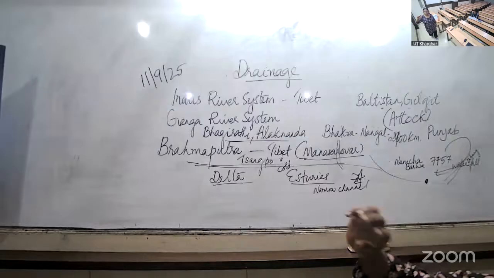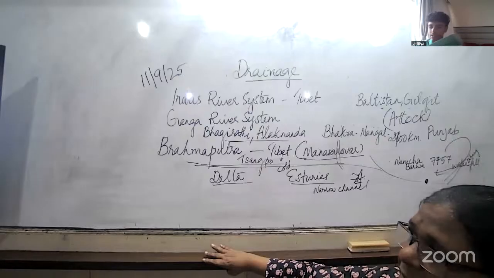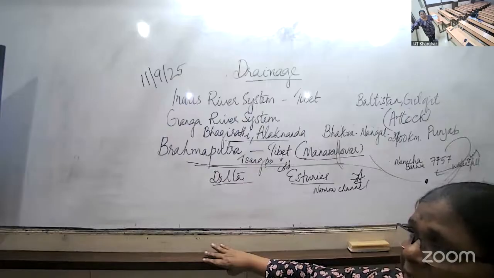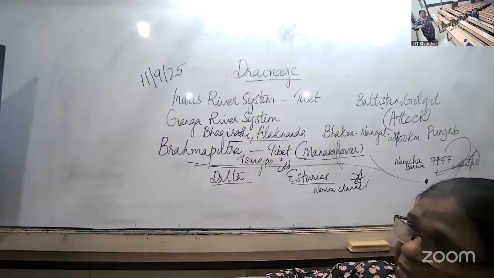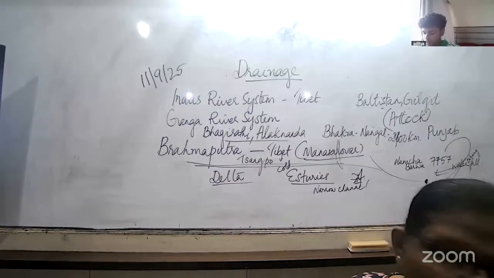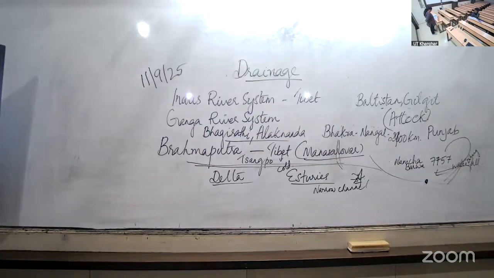Have you marked these points? I've already marked it, because a 1 mark question is coming. From where it originates, which are the beautiful sites created by Narmada River? The Narmada River conservation has been undertaken by the government of Madhya Pradesh by a scheme named Namami Devi Narmada.